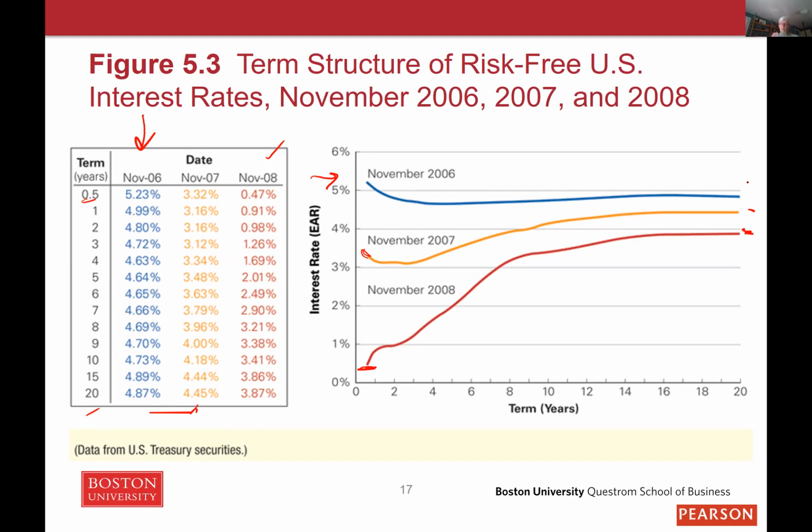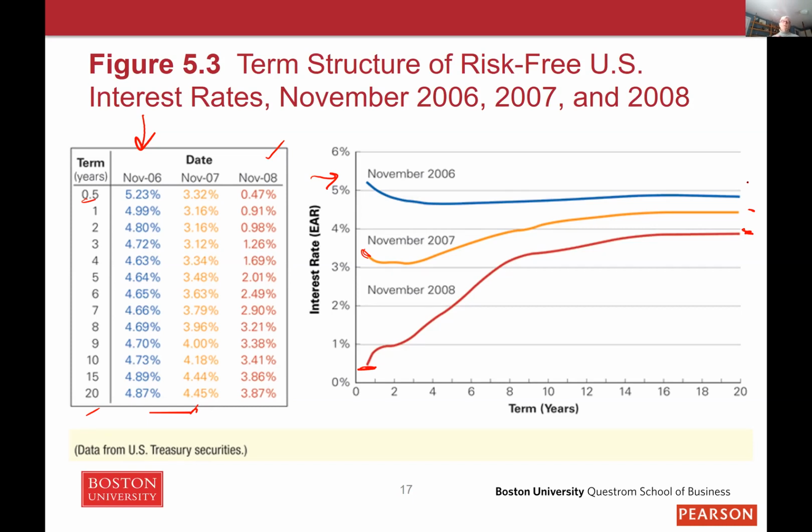So the curve has a different shape at different times. There are a lot of different theories out there for why curves look the way they do. They usually embody something of where investors expect rates to go.